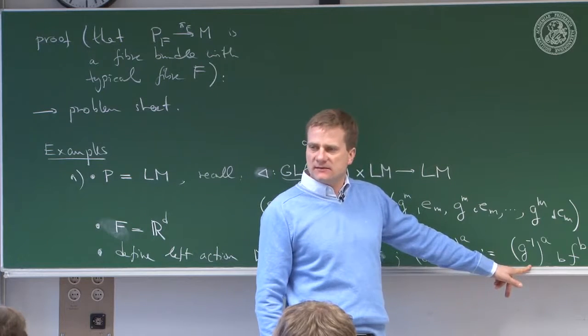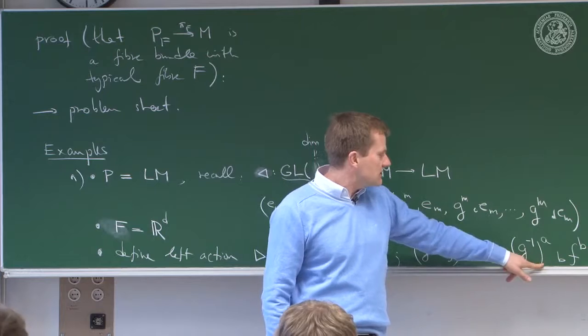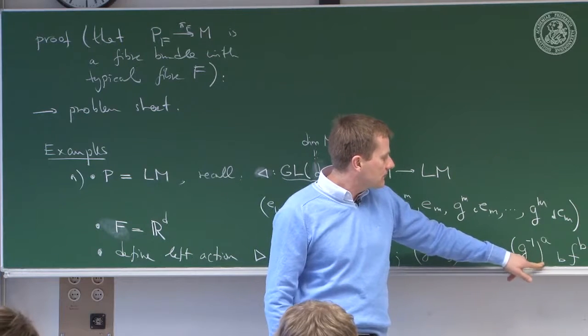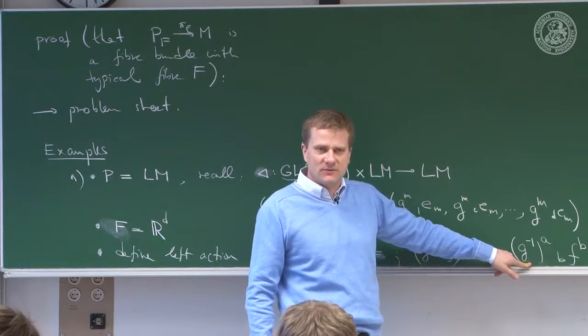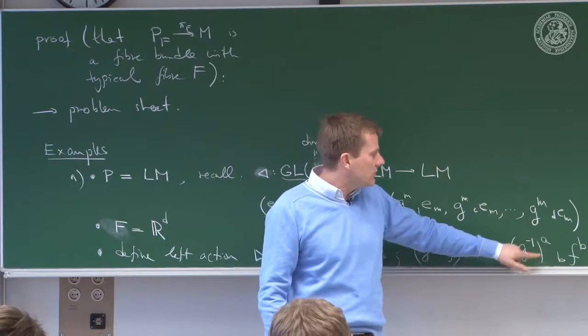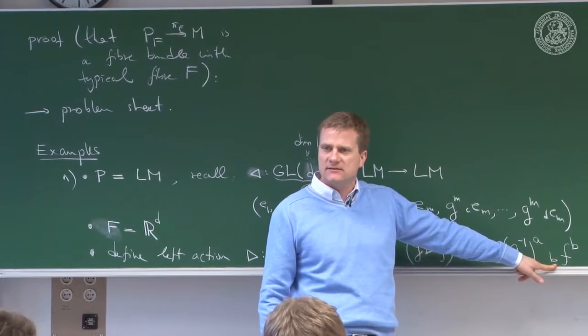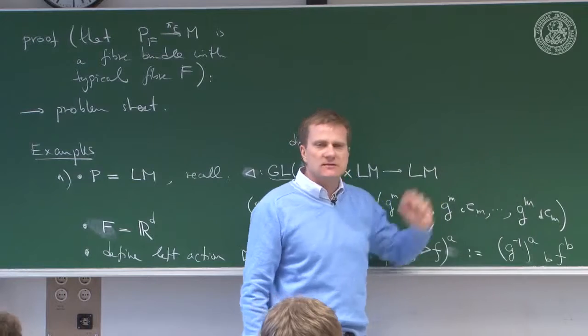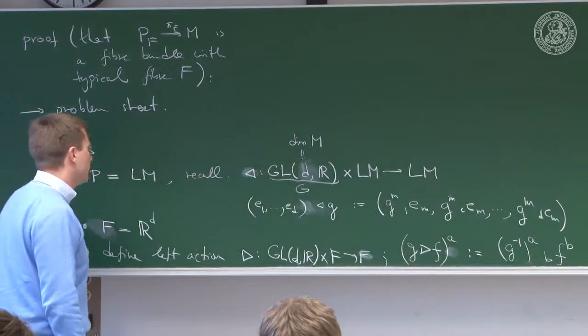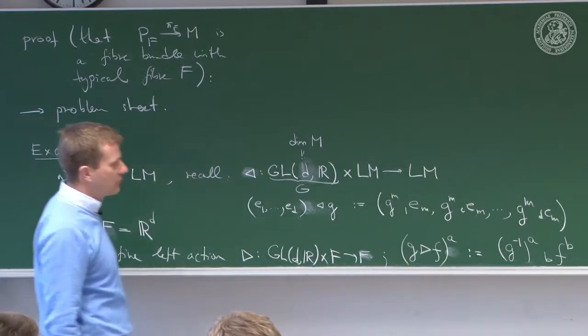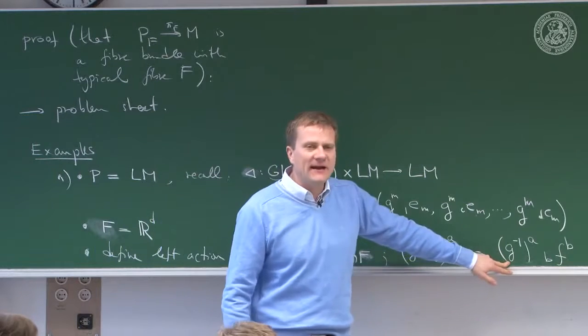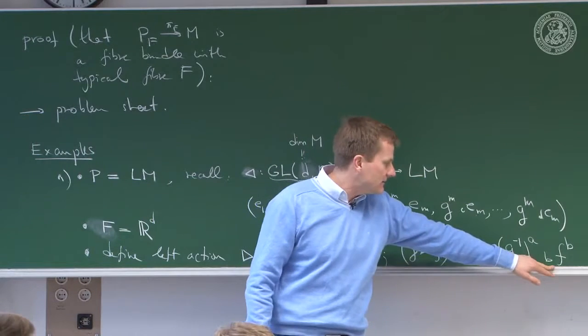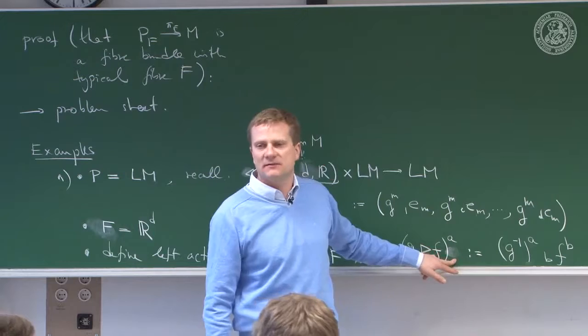Now, when we looked at the tangent bundle, it was a conclusion from the definition of the tangent bundle that components must transform like this. Now, looking at the associated bundle point of view over the principal bundle, that's the frame bundle, we define the components to transform like this.